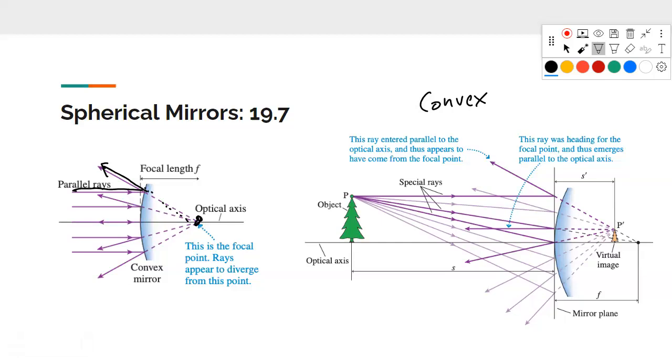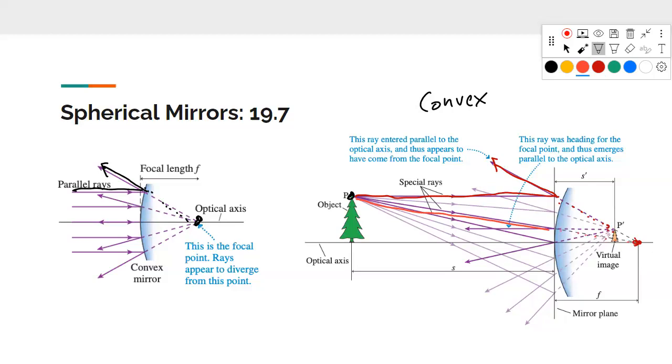And so what we can do is think about these rays coming from the top of our object, from the top of this tree. And again, we have our three primary rays. We have one that starts off parallel and then gets reflected, and it's reflected in such a way that if we traced it back, it would come to the focal point on the right side. Then we have the ray that goes as if it were going to the focal point.